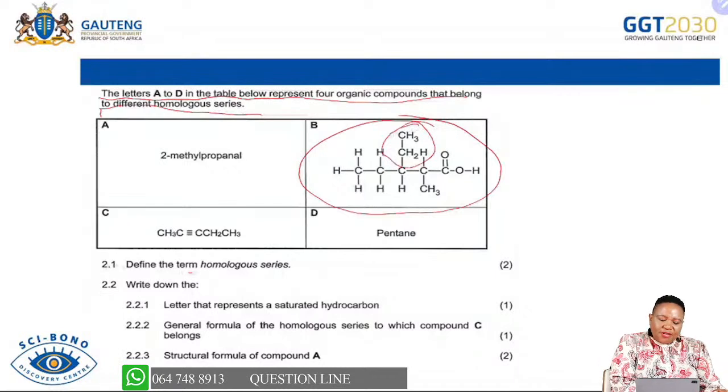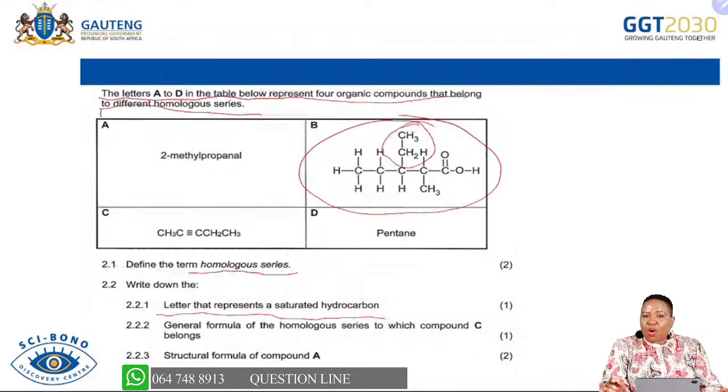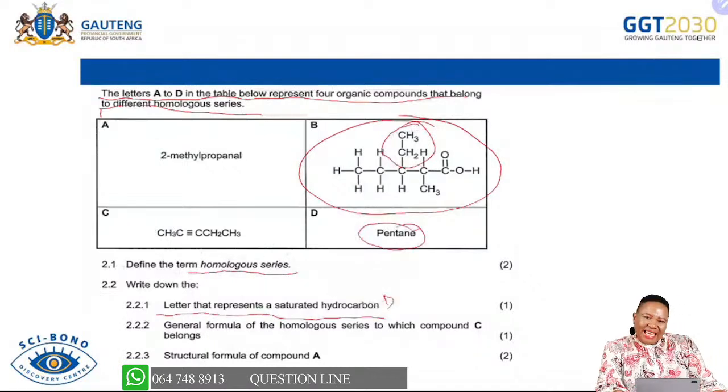The first thing says define a homologous series. You know, those compounds with the same general formula, whereby the next member differs from the previous member by CH2. You know those definitions. You definitely have to go back and check on them. And then the letter that represents a saturated hydrocarbon: go back and check what saturated hydrocarbons are, because when you look at the entire table, there will only be one hydrocarbon, which is our pentane.